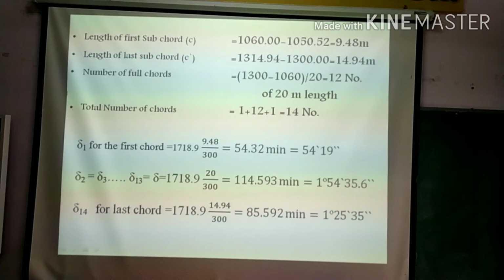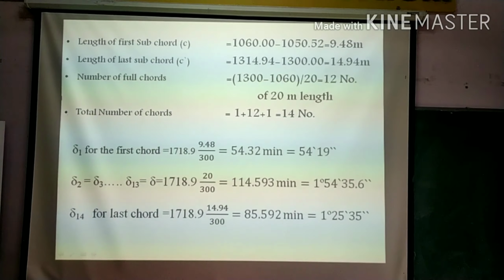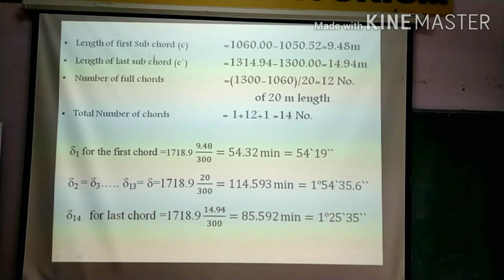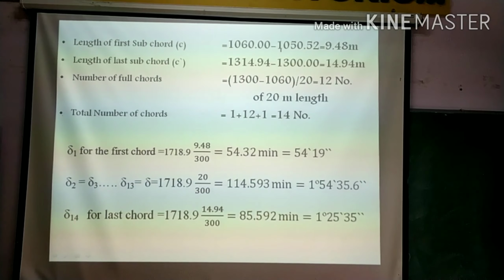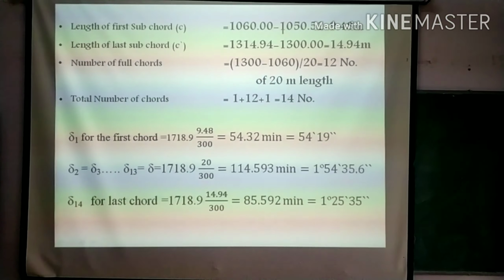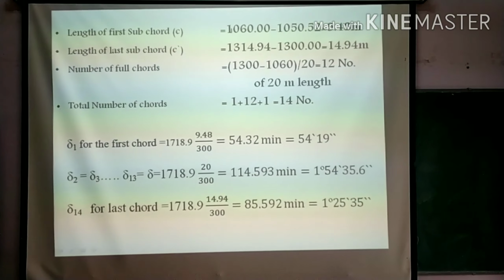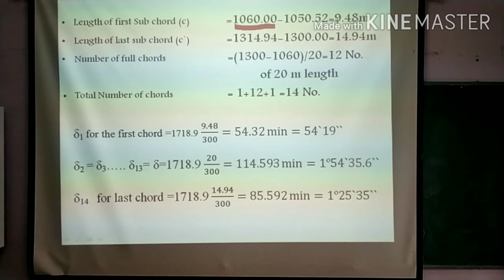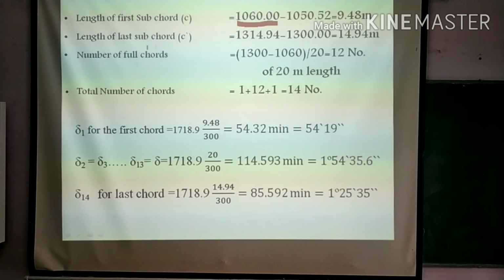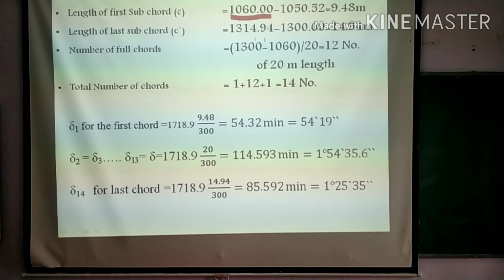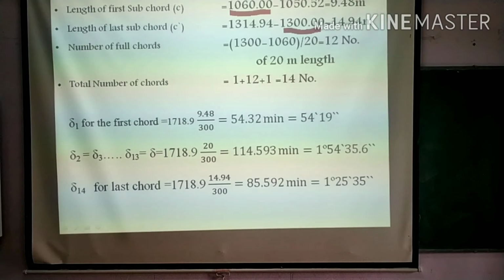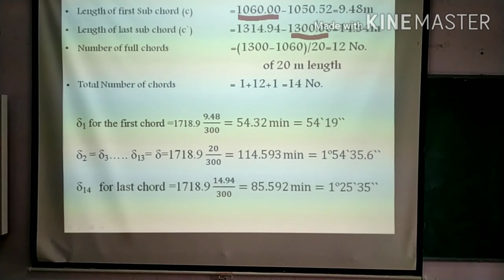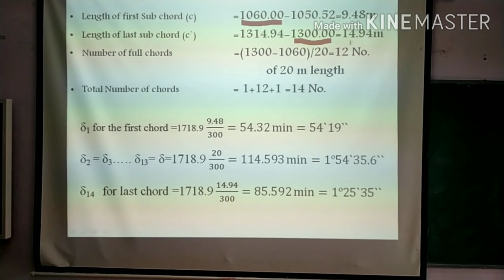In order to calculate the total number of chords, first we shall calculate the values of the initial and final subchord. For the first subchord, we deduct the chainage of the point of curve from the next multiple of 20, since 20 is the length of the chain, so that we get 9.48 meters. Similarly, the last subchord is 1314.94 minus 1300, which is equal to 14.94 meters.